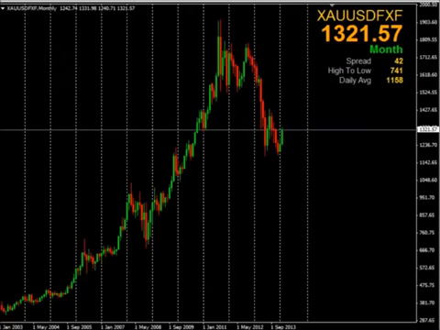That's a trading chart, and the spot price for gold, it says XAUUSD, so it's the price of 1 ounce of gold against the US dollar. So 1 ounce is $1,321.58. Where it says a month, by the way, each of these little red and green candles is a month, and the distance between the white dashed lines is a year.